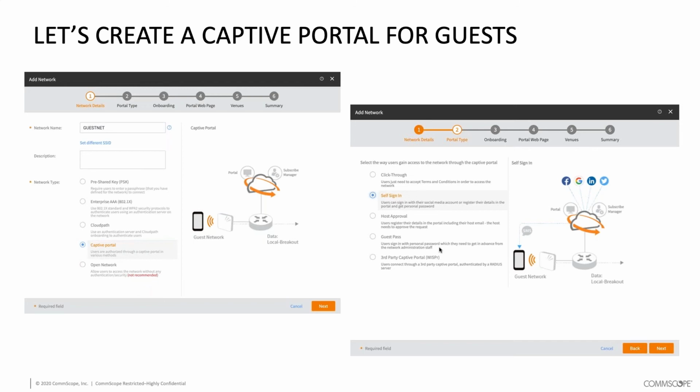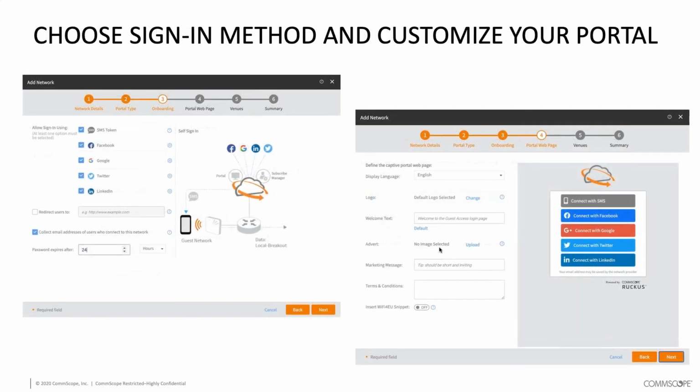So we'll choose self sign-in, and then we can do things like Facebook logon, Google logon, Twitter logon, LinkedIn, or SMS token. An SMS token is where the user in the logon box will put their cell number in, and we will text them a code to get on the network for a limited period of time.